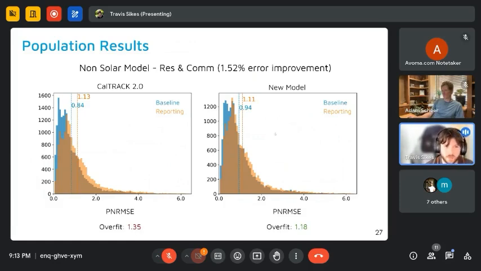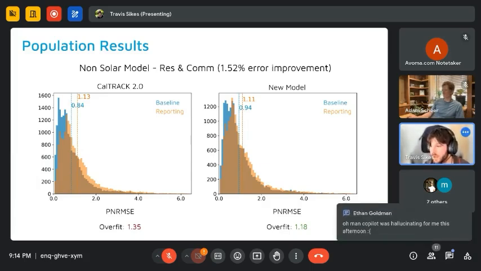And so then we can just basically take the division of these two, and we can figure out how overfit we are. So for the Caltrack 2.0, you come up with about 1.35, whereas with the new model, you have 1.18. So with the non-solar model, we have a tiny, tiny incremental improvement in error. I wouldn't even say that, like 1.5% could be within error.